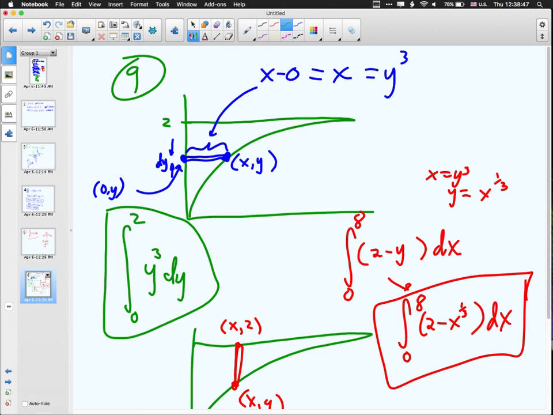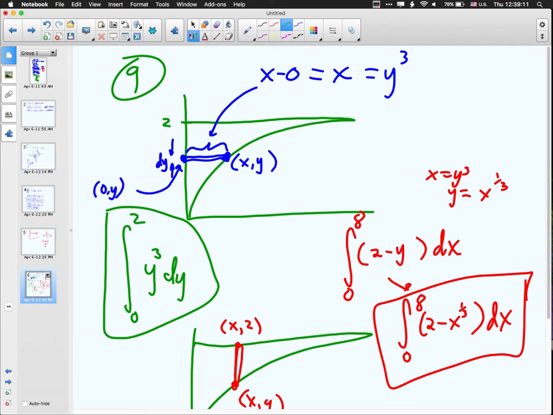Other questions? The setup part is important, especially because, for instance, for this one, we can't rely on geometry. For number 3, we could rely on geometry because it was a triangle. We know how to find the area of a triangle.